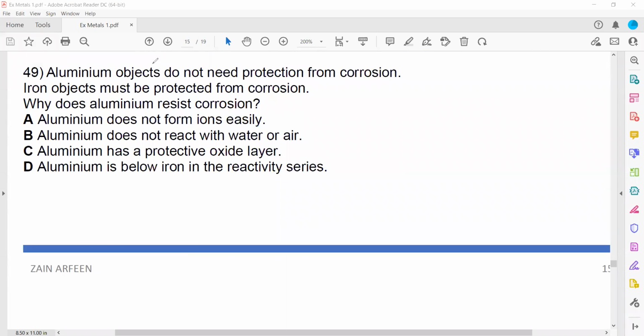Aluminium objects do not need protection from corrosion. Aluminium does not rust. But iron must be protected from corrosion. Why does aluminium resist corrosion? What is the reason why aluminium does not rust? Because aluminium develops a protective oxide layer.